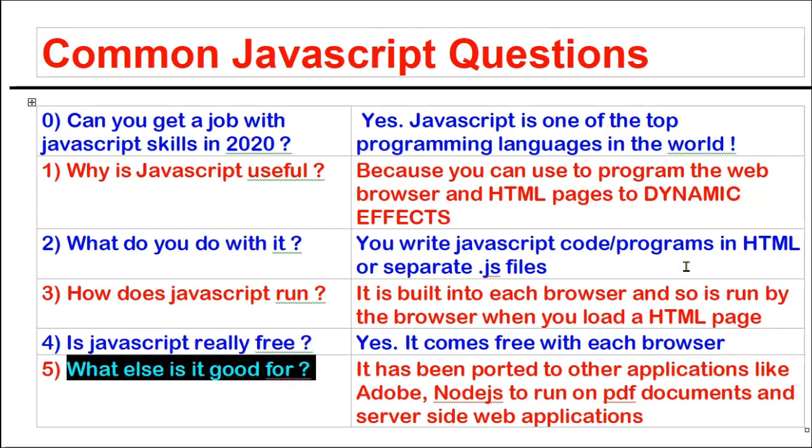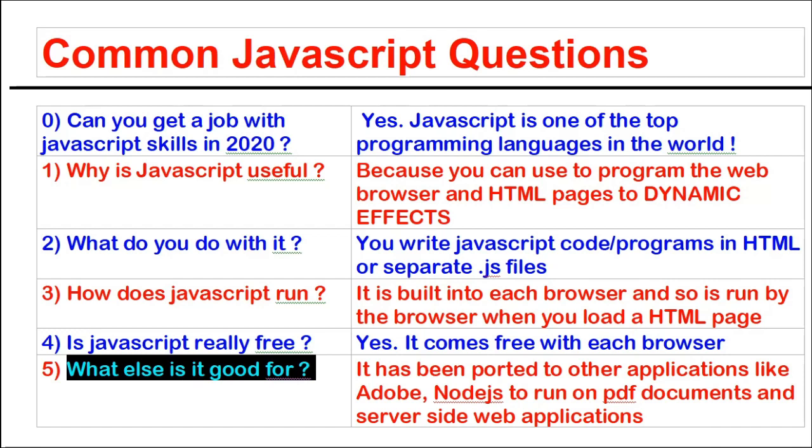What else is JavaScript good for? Well, the JavaScript engine has been ported or copied over to other applications. The JavaScript engine is also used in Adobe products like PDF and Flash. It has also been copied over into a C++ program called Node.js.